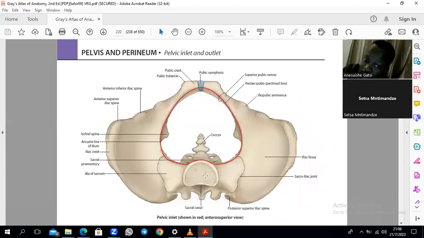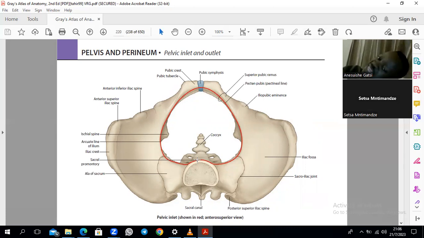So this will be a type of android where there is that bulging of the sacral promontory, right? Then the cavity is a bit funnel in shape, and there is little room within it for the baby to grow, right?